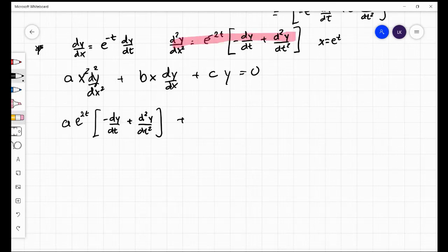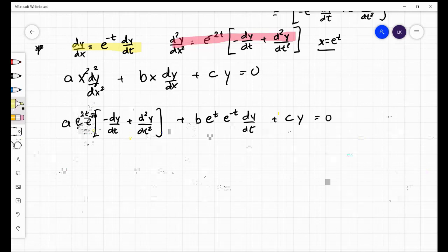Okay, so plus b times x, where x is e to the t, then dy dt, and plus c times y. The e to the minus 2t times e to the 2t is e to the 0, so that goes away. E to the t times e to the minus t, again, is e to the 0, so that goes away.